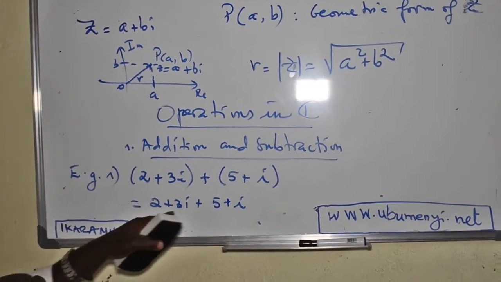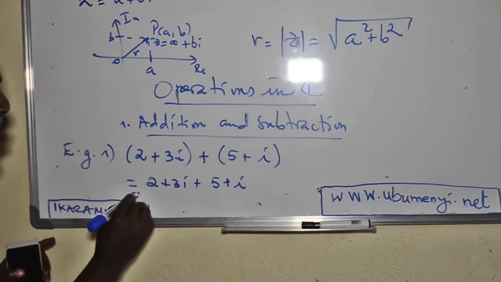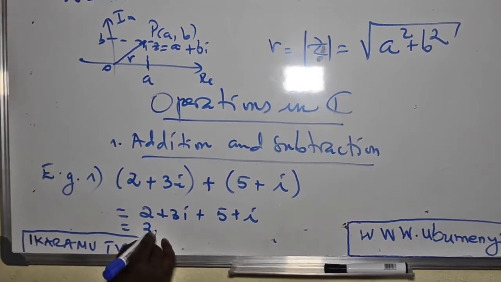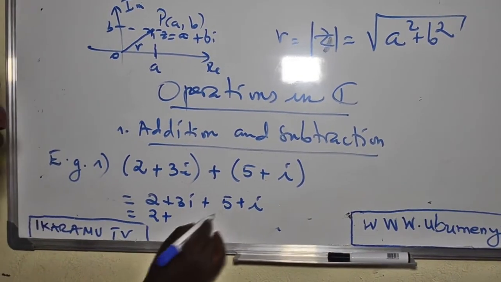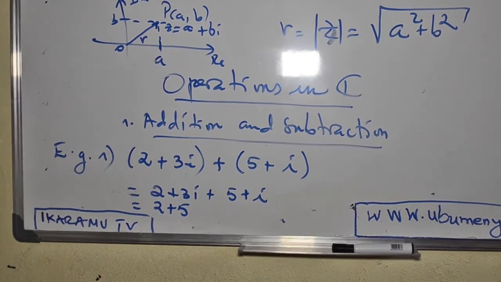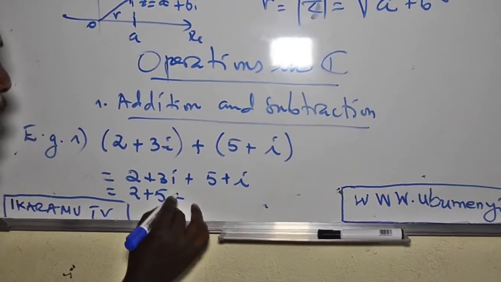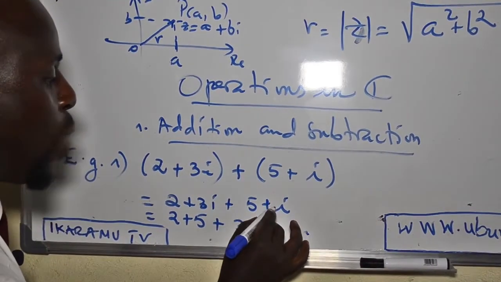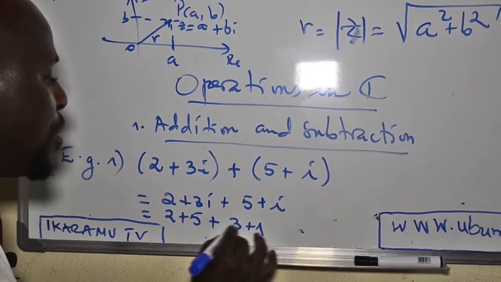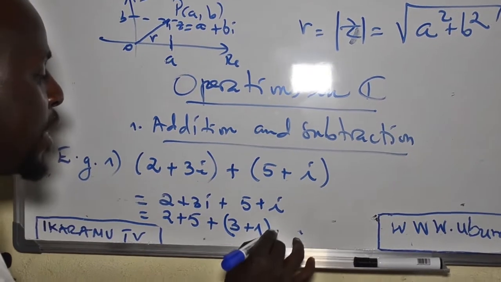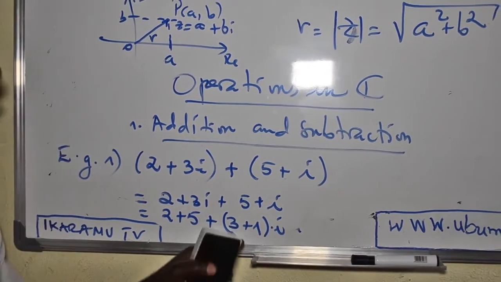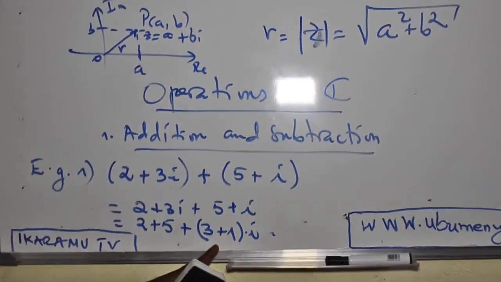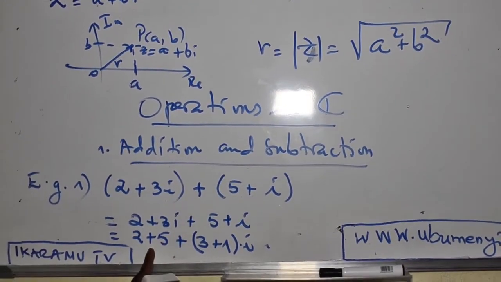What we do is just add the real parts together, and here we shall have 2 plus another real part, which is 5, plus 3i plus, here it's like there is 1 times i, so 3 plus 1 times i. The like terms are these ones having i, which means the imaginary parts, and we have here the real parts.